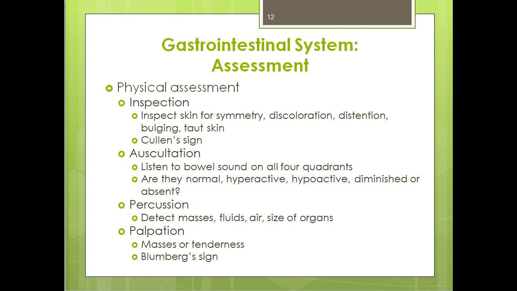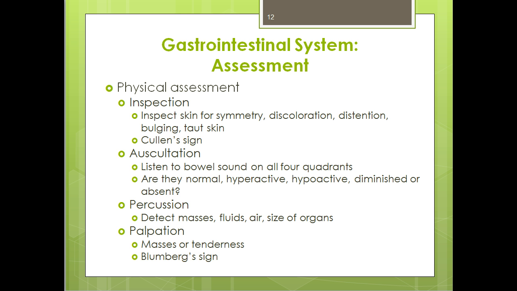And borborygmus is what they call it. Let me spell it. Borborygmus, and that is when you have really increased bowel sounds.